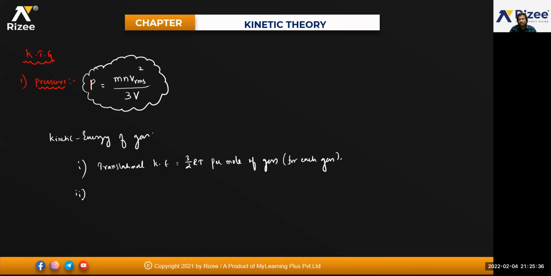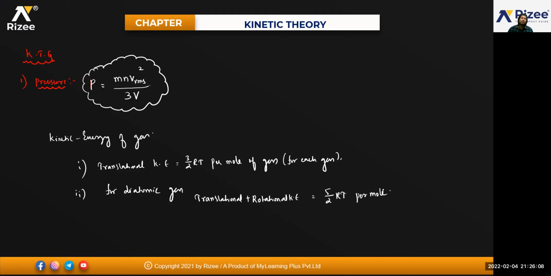For a diatomic gas, we'll do this in detail in thermodynamics. It will be translational plus rotational kinetic energy, which is equal to 5 by 2 R T per mole.